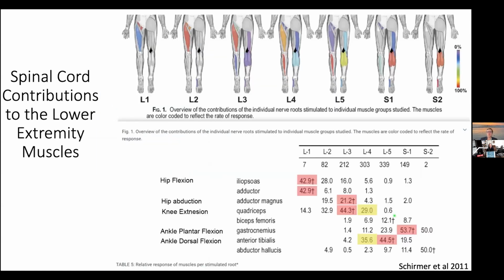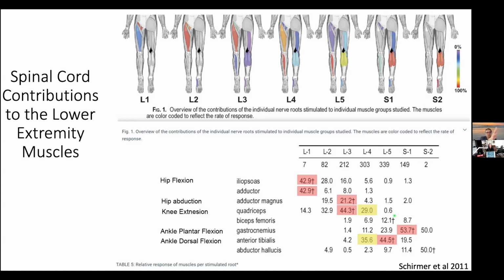Similarly, here we see a study in which patients were undergoing lumbar surgeries in which the nerve roots were exposed. And so they took this as an opportunity to place EMG electrodes in the muscle groups that were generally accepted to be innervated by those nerve roots. A neural stimulator was then placed directly on the nerve root sleeves, and EMG activity was recorded.